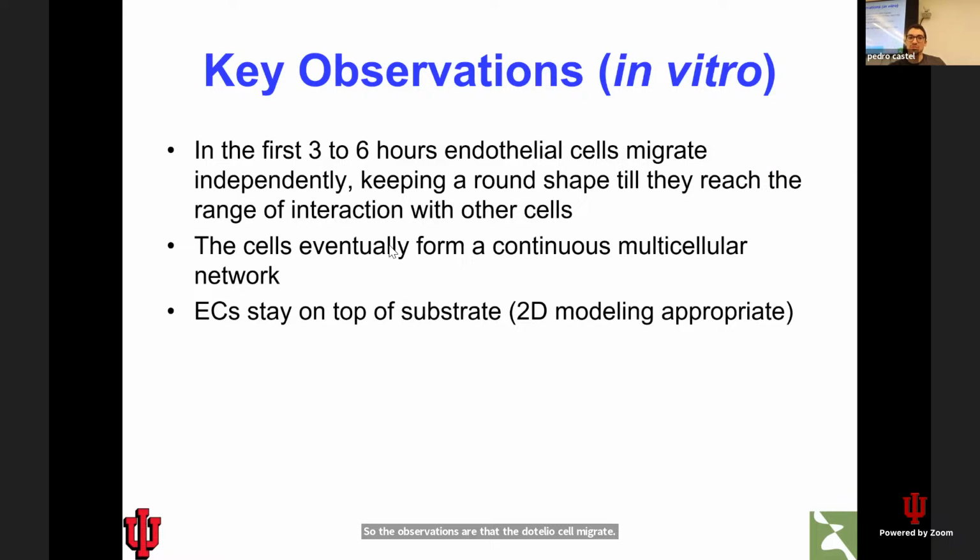They keep a round shape until they reach a range of interaction with other cells to form a cohesive tissue. And once they reach this cohesive tissue, they stop migrating, stop undergoing chemotaxis.